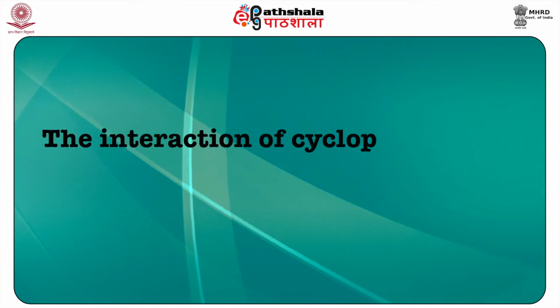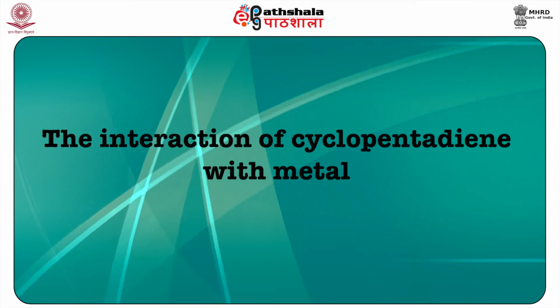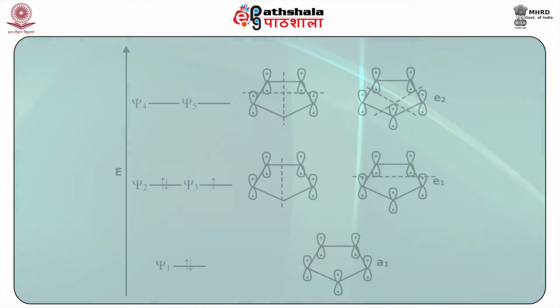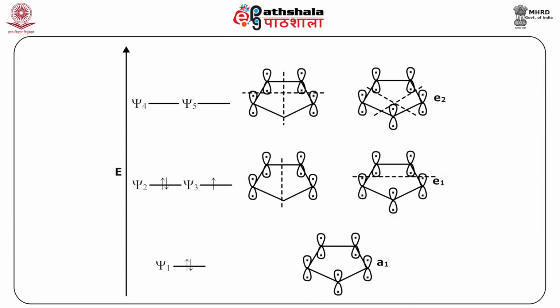Let us now talk about the interaction of cyclopentadiene with metal. We can understand the interaction of the cyclopentadiene and metal through molecular orbital diagram. The frontier molecular orbital of the cyclopentadienyl ligand contains 5 orbitals, that is Psi1 to Psi5, residing in 3 energy levels.